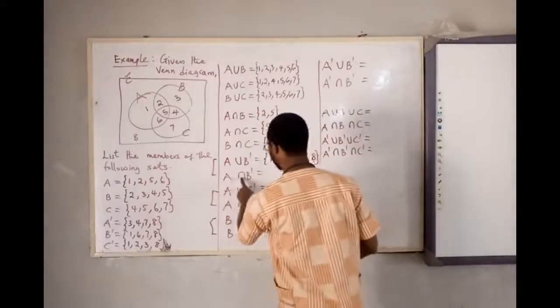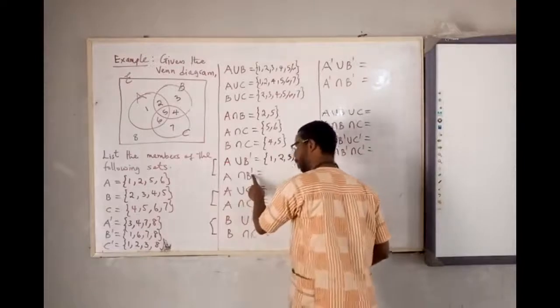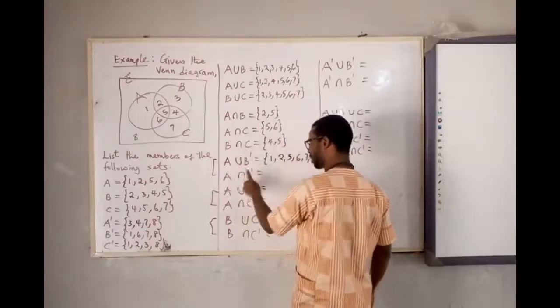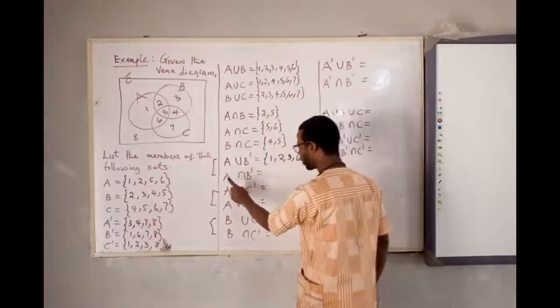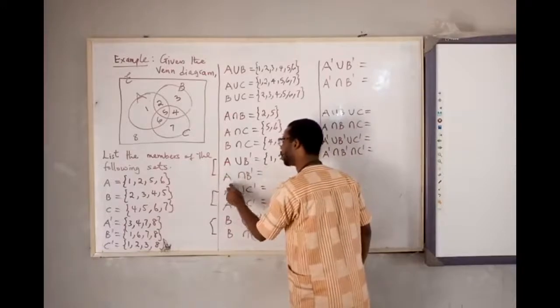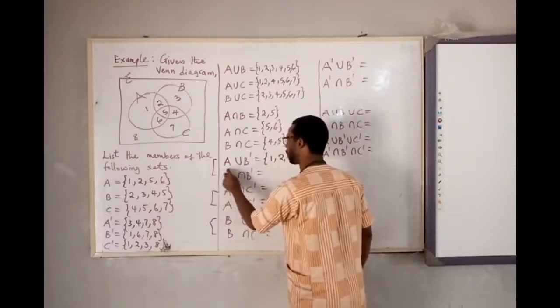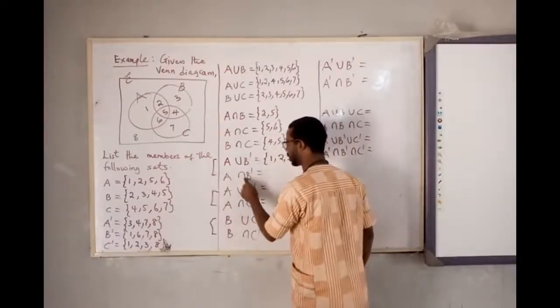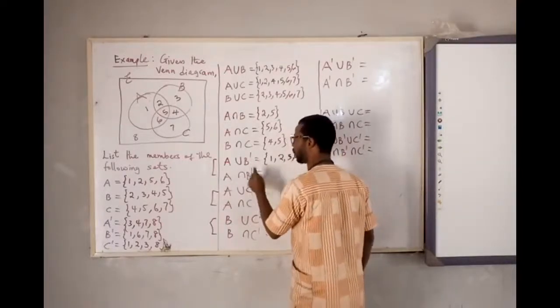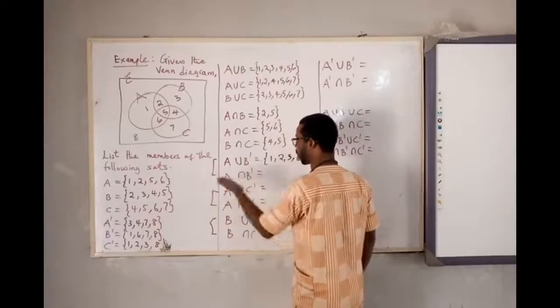A intersection B. When you see A intersection B, this one is union, this one is intersection. When you see intersection, you only deal with the one without prime. I mean, when you see intersection and one of the sets you are dealing with is primed, either 1 or 2, depending on the number of sets you have.